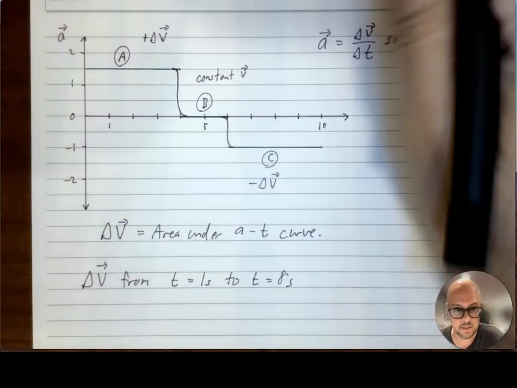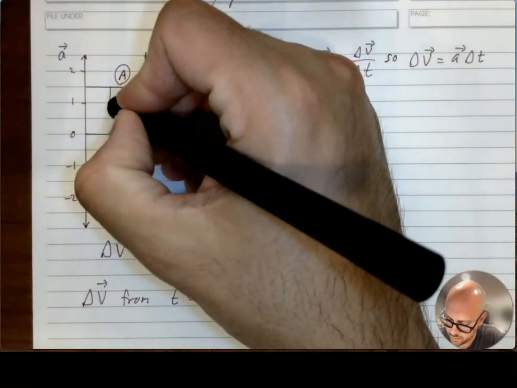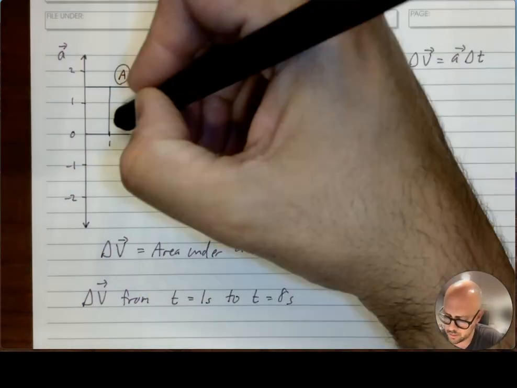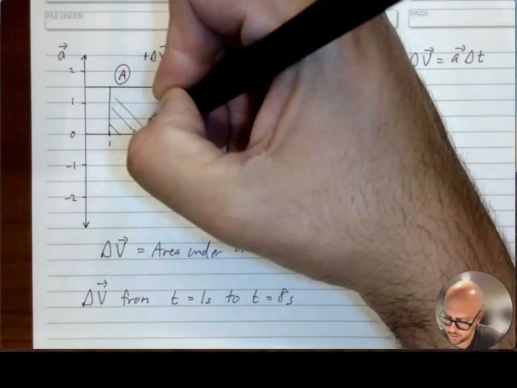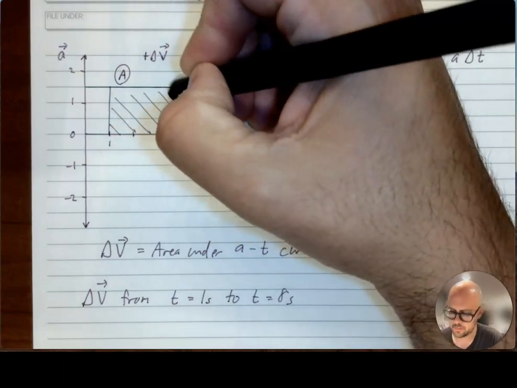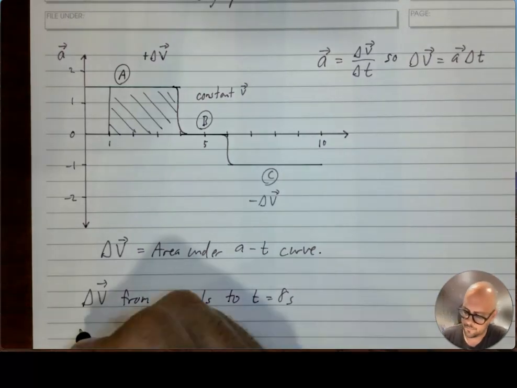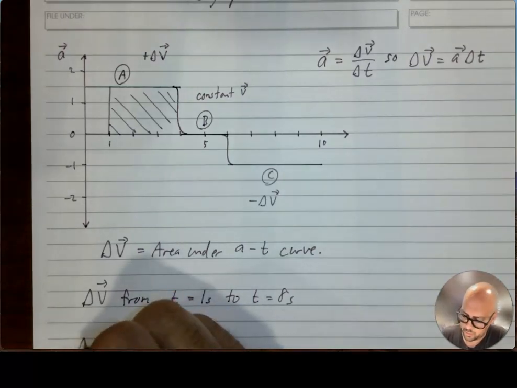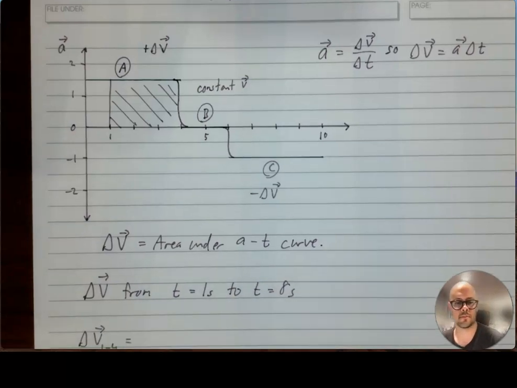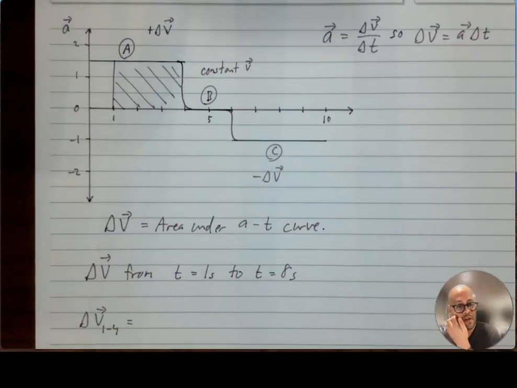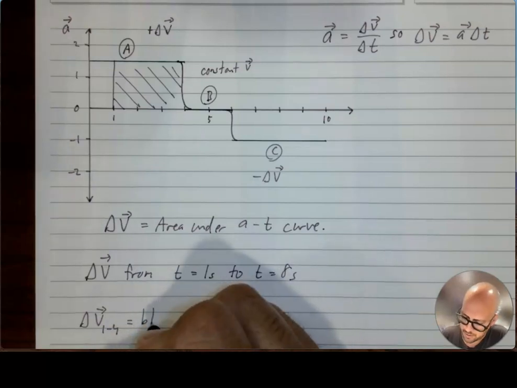So I can define the left bound as 1 second, and from 1 second to 4 seconds, there is a positive acceleration. So we'll do delta V from 1 to 4 seconds. Now that's going to be the area of that rectangle, so that's going to be base times height.